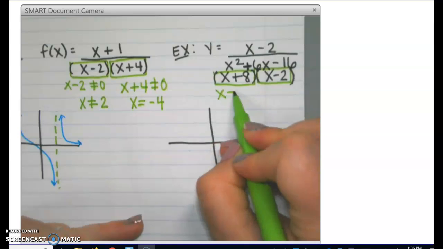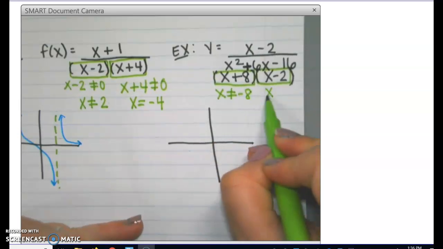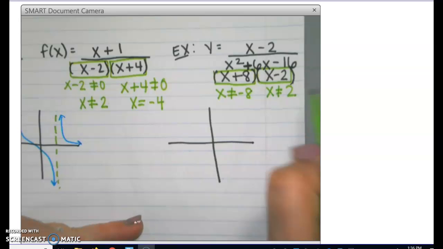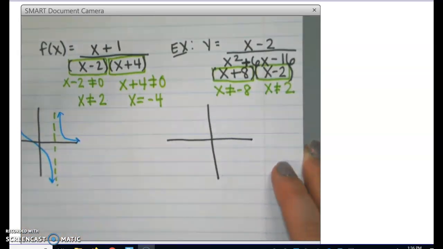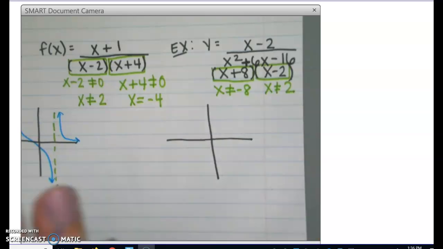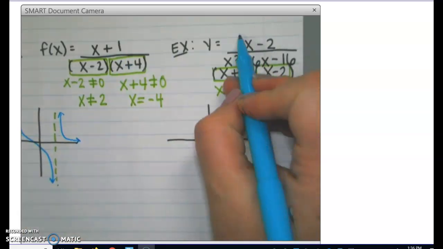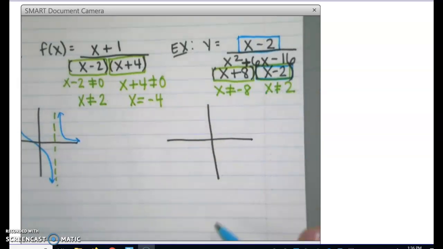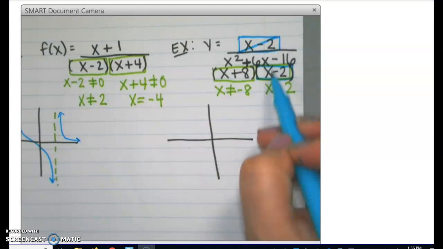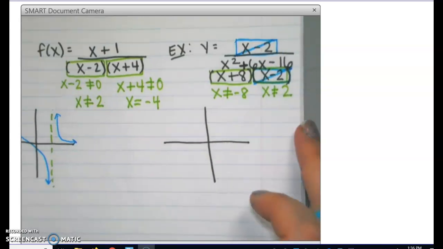X cannot equal -8, and x can also not equal 2, but can you see why the 2 is not visible on the graph? The 2 is not visible on the graph because there is an x minus 2 factor in the numerator that will cancel that factor out.